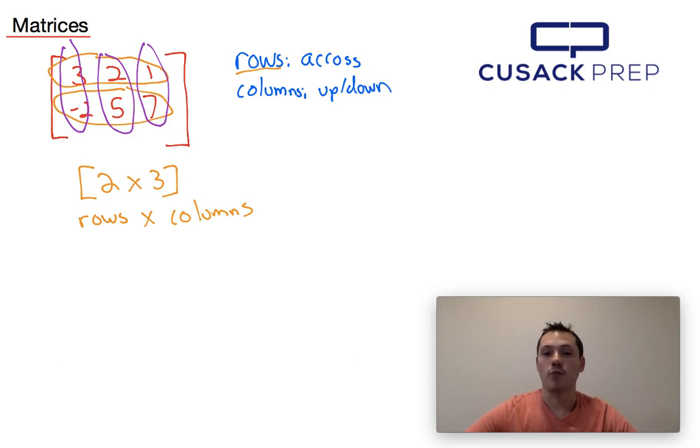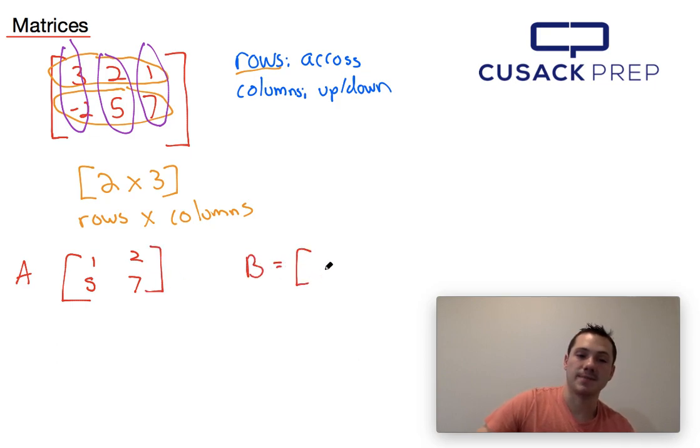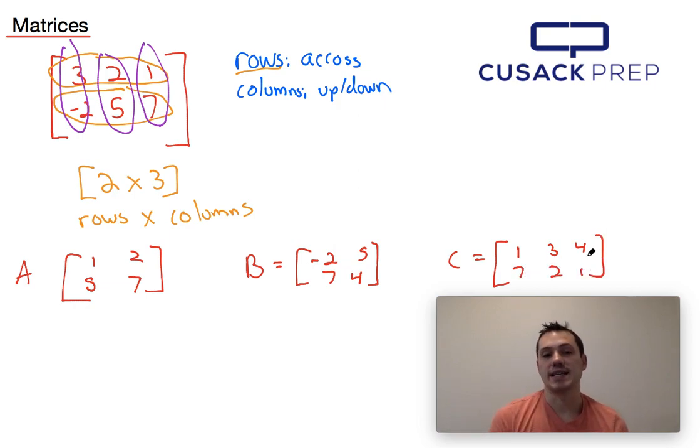For example, if I have one matrix that is a 2 by 2 matrix, I'm going to call this matrix A, and another matrix, we'll call this matrix B, and another matrix, we'll call this one matrix C. Of these matrices, I am able to add matrix A and matrix B together because they are both 2 by 2 matrices.